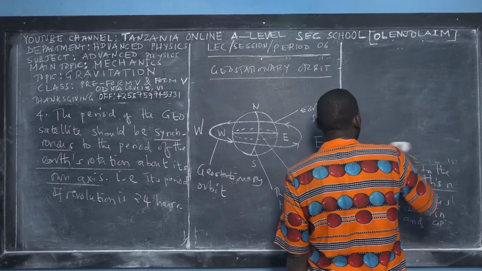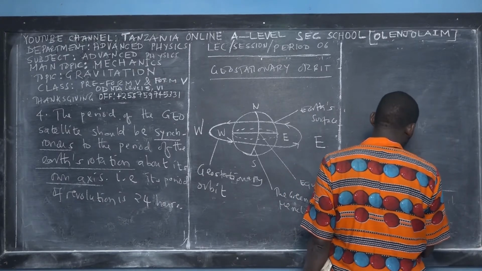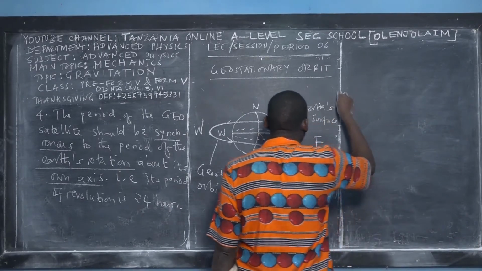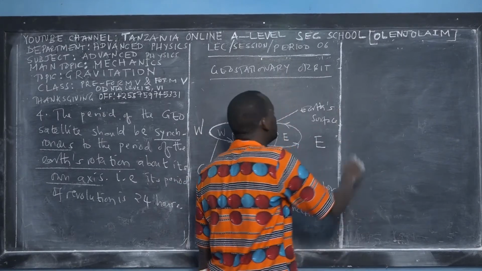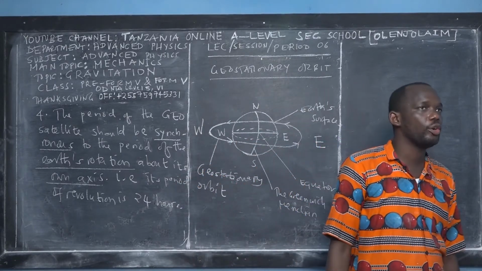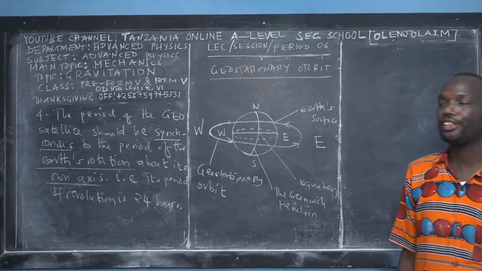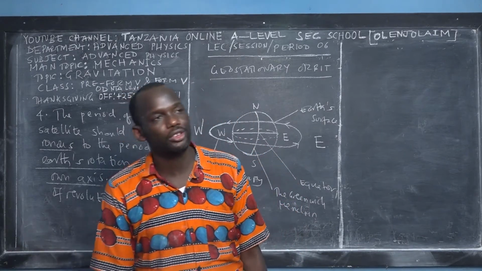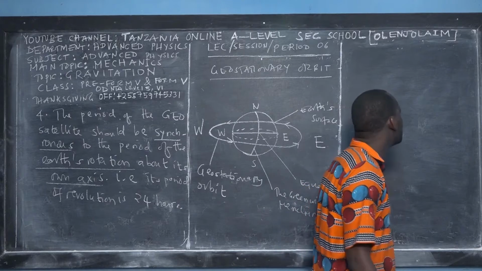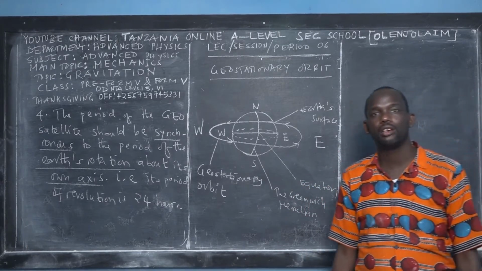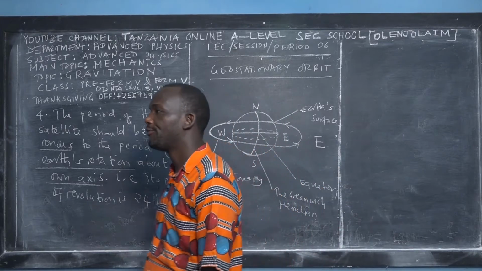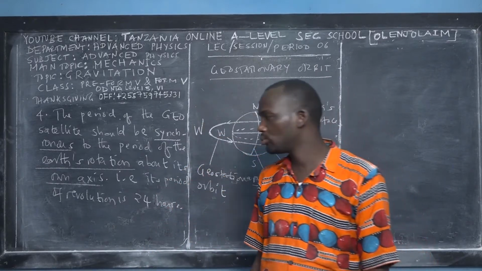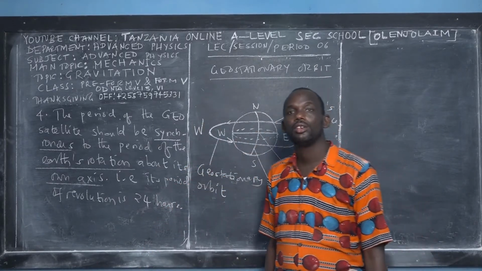Before I end this lecture, I would like to teach you about another orbit. The difference from the previous orbit, the parking or geostationary orbit, is that these satellites will be revolving around the Earth's surface in opposite directions to the geostationary satellites.